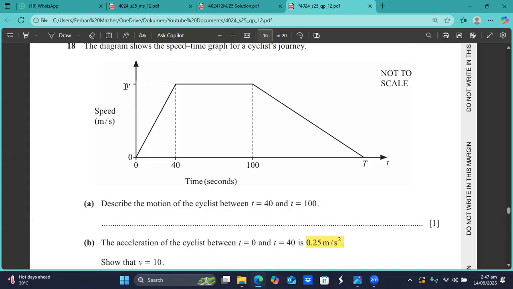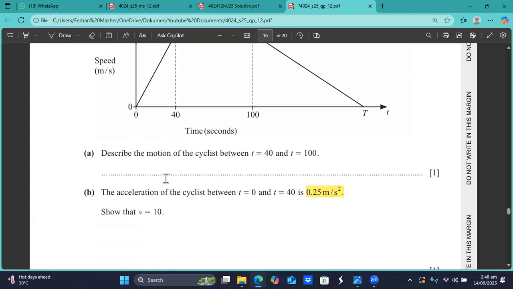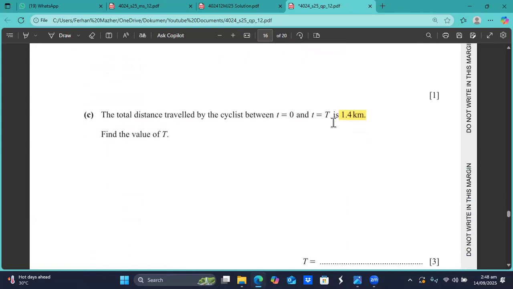We already know this V value, that is 10. This shape is a trapezium. You know the formula for the area of a trapezium is 1 by 2 into the height into the sum of the parallel sides. This parallel side is T, this parallel side is 60, and this height is V, which is 10. And we know this distance traveled is in kilometers, so just multiply it by 1000 to convert this into meters, okay?